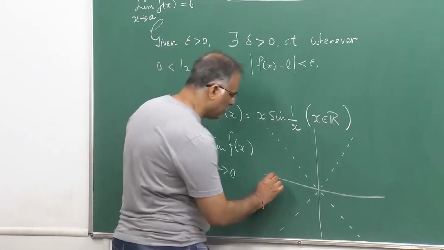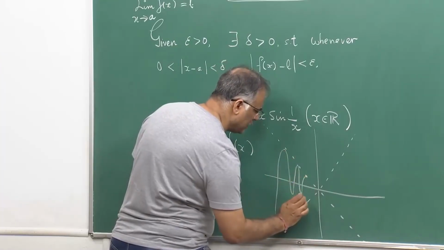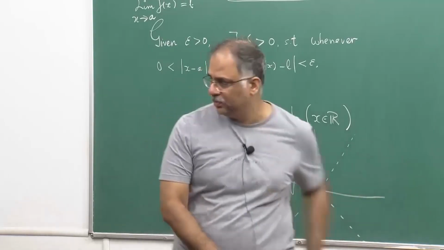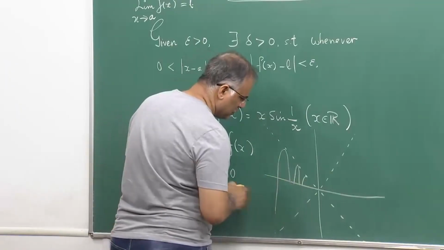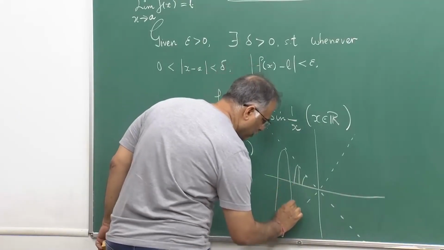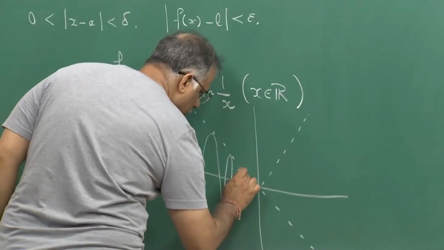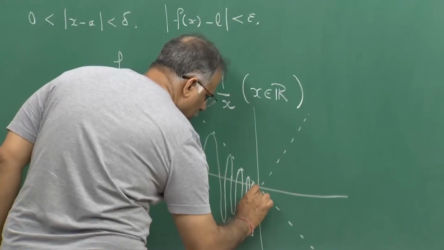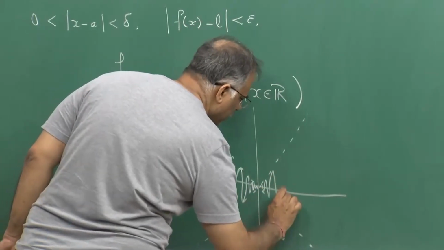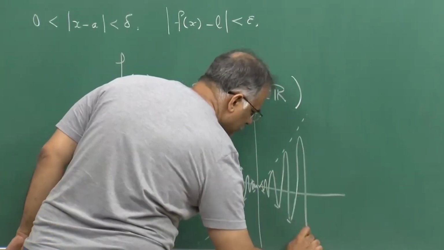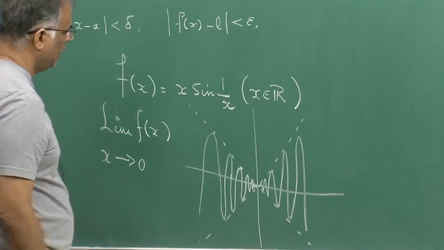Now, the function oscillates like this, and as it oscillates, it touches the lines y equal to x and y equal to minus x. And it oscillates heavily near 0. Of course, there is a wonderful symmetry of this stuff, and so on. So, this is the graph of f(x) equal to x sin(1/x).